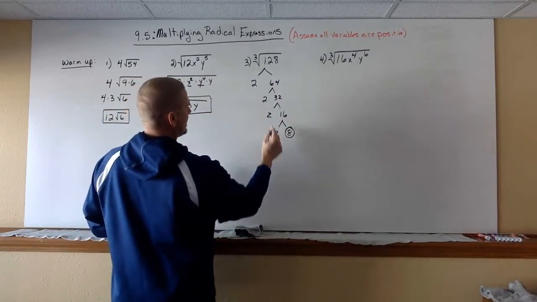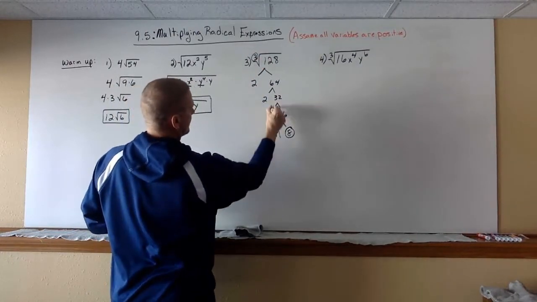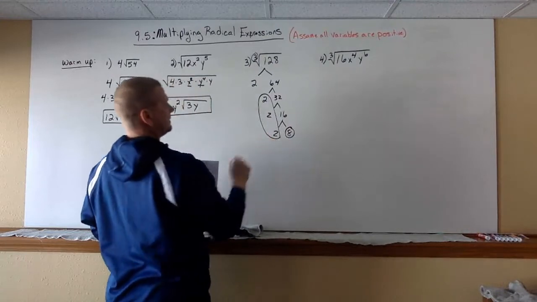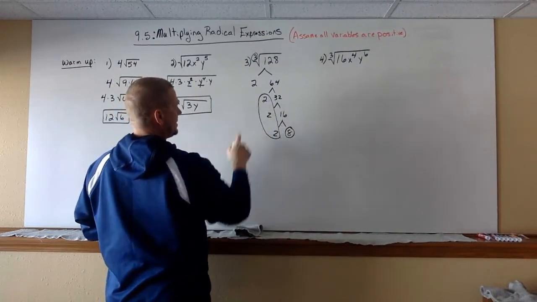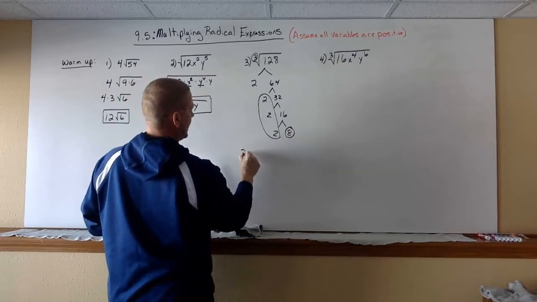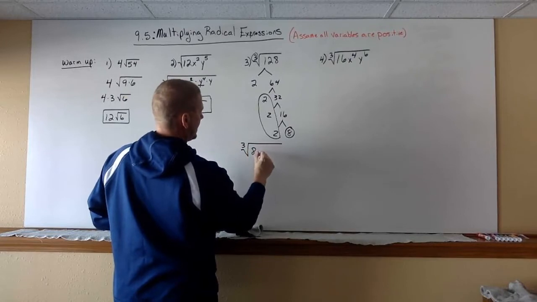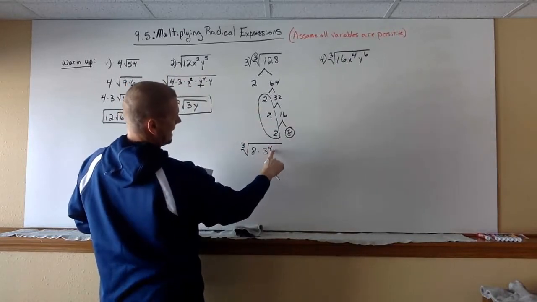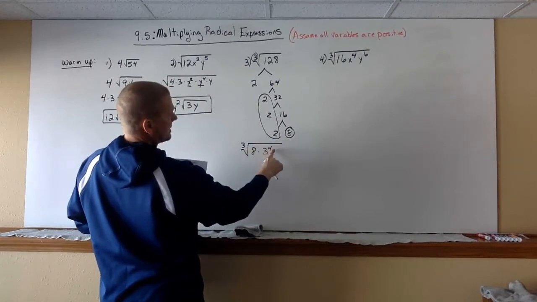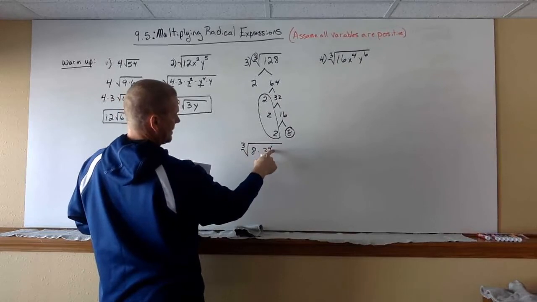So what that means is, because this is a cube root on the outside, any three of the same numbers come out. 2 times 2 times 2 is 8, so that's three 2's underneath there. So really what I get is the cube root of 8 times 2 to the fourth, and I need 3 of these 2's to come out.